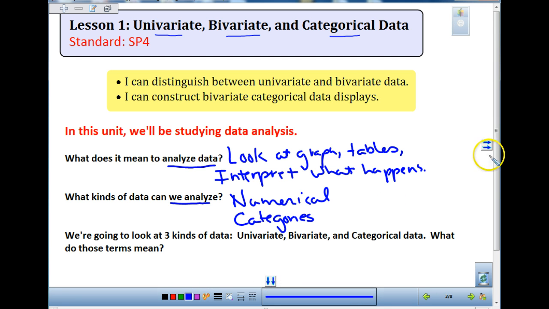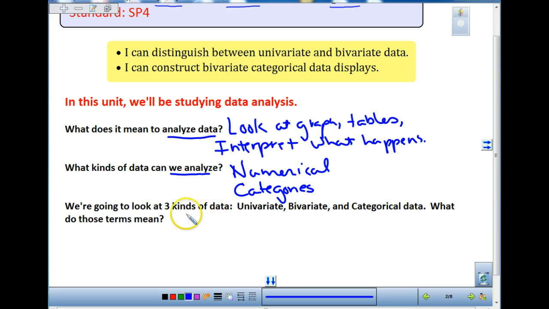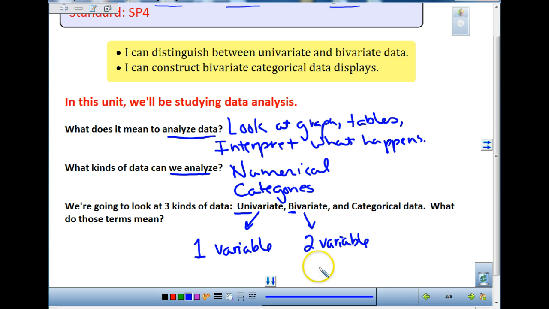When we look at the three kinds of data, we're going to have univariate. If you look at that prefix, uni is one variable. Bivariate is when we have two variables or two unknowns that we are looking at, so two pieces of information.